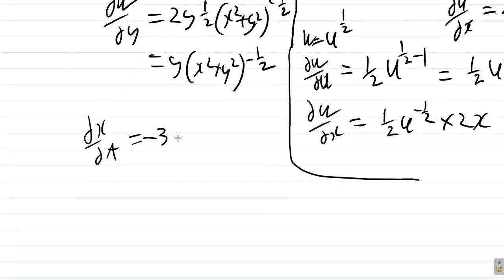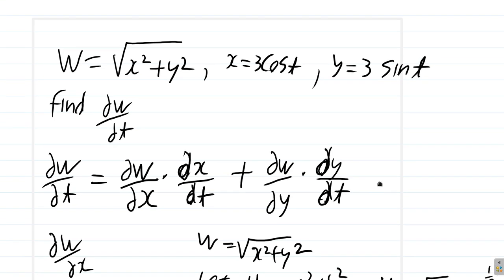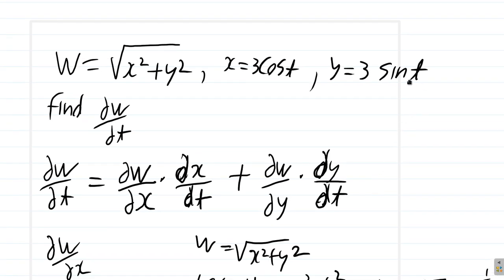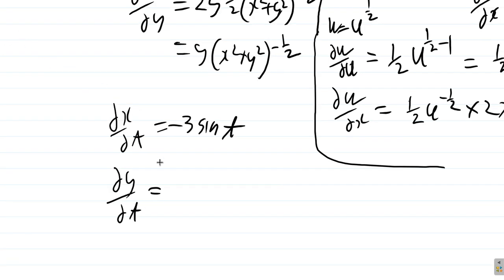And then what else was it? Partial y by partial t. Right, partial y by partial t. When you differentiate sine, you get cos. So this will become 3 cos t. Okay, good. So you have that.